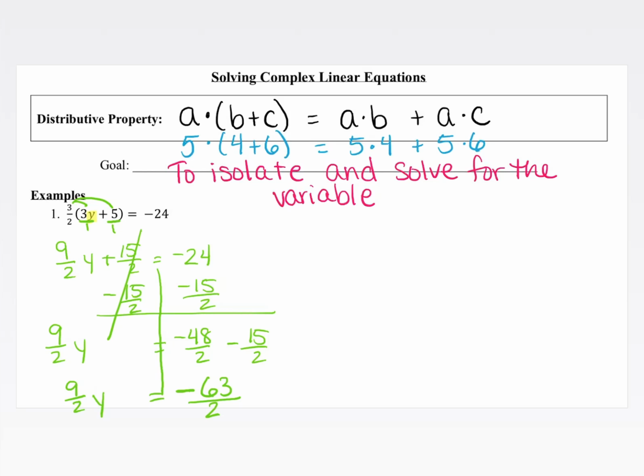So we can do a couple of things. We can cross multiply if we remember that our y is in the numerator with that 9 on the left-hand side. Or, because ideally we want to get this y alone, this y and the 9/2 are tied together with multiplication. So the opposite of multiplication is division. So we would divide both sides by 9/2.